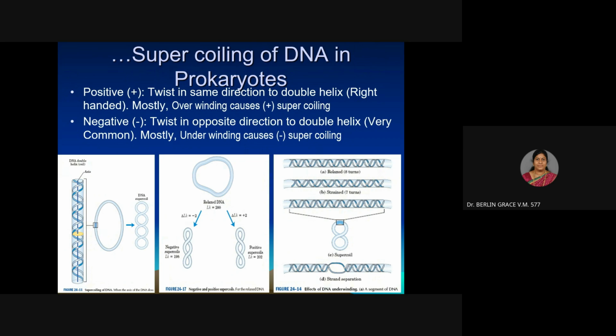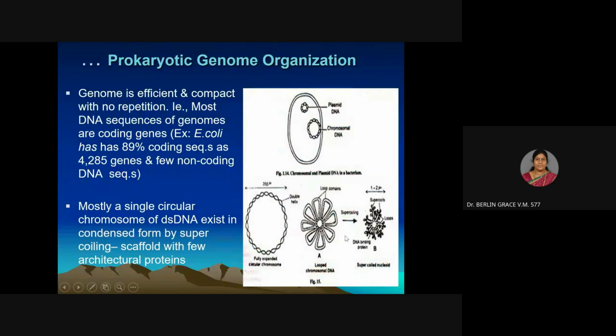And in underwinding nature, the negative supercoiling happens. Underwinding only happens in most conditions like replication or transcription. So during those stages, underwinding is more common. So underwinding causes negative supercoiling. So more of negative supercoiling will be there in the chromosome or DNA of prokaryotes.